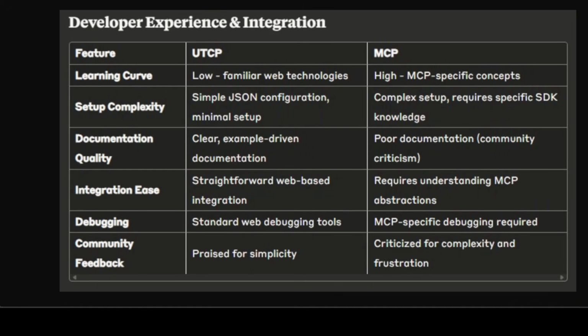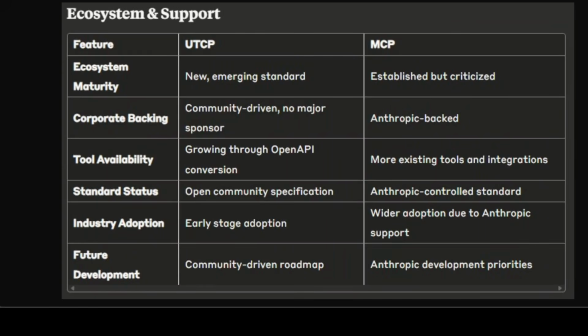UTCP leverages familiar web technologies and provides clear documentation that reduces onboarding time and skill requirements. A simple JSON configuration is all you need most of the time, so you don't really have to learn any specialized SDK knowledge. Now, this is where you can see that Anthropic is, after all, a corporation, right?